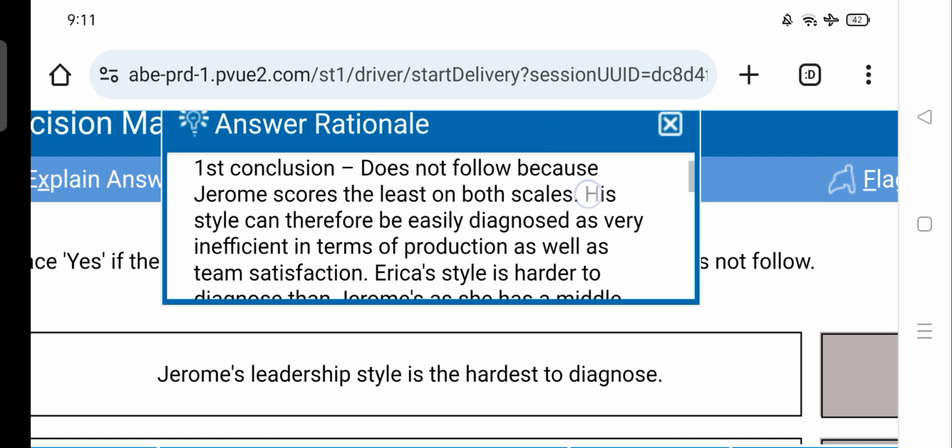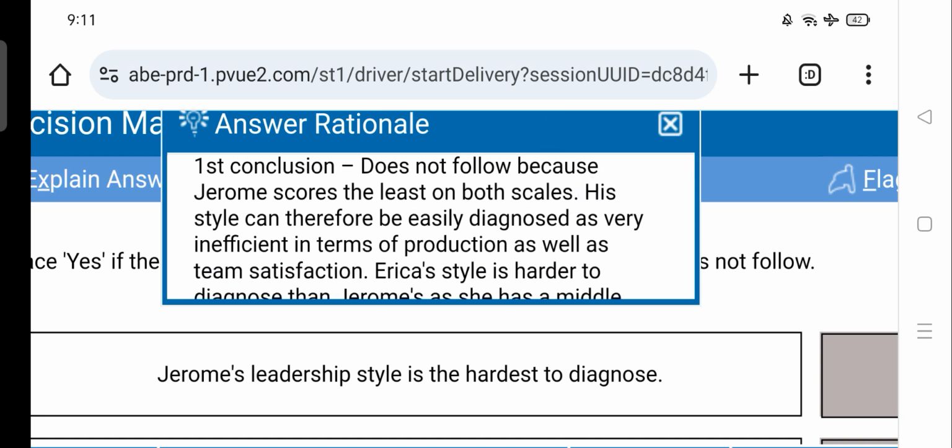The first conclusion, that is Jerome's leadership style is the hardest to diagnose. This one does not follow because Jerome scores the least on both scales. His style can therefore be easily diagnosed as very inefficient in terms of production as well as team satisfaction.